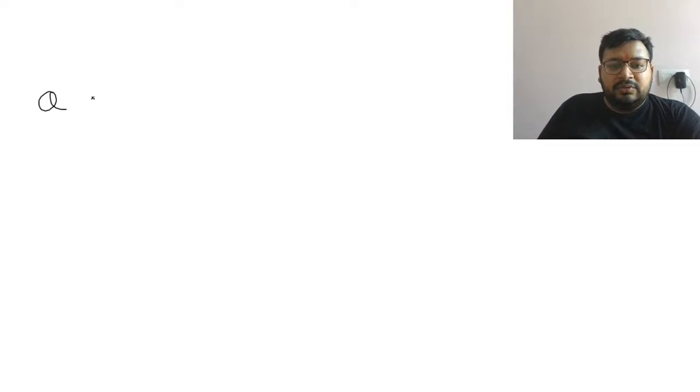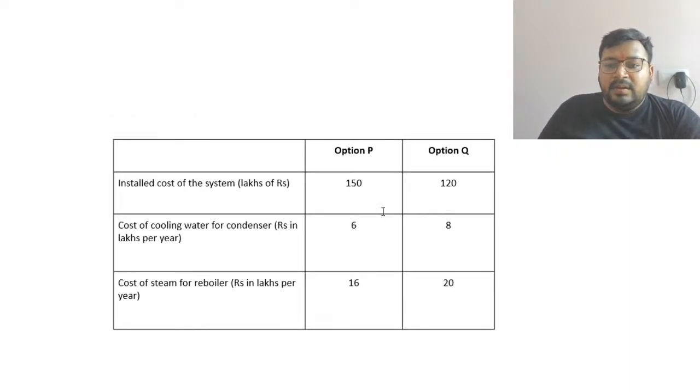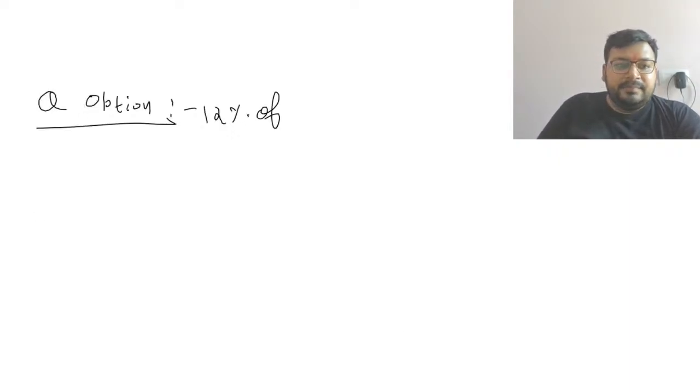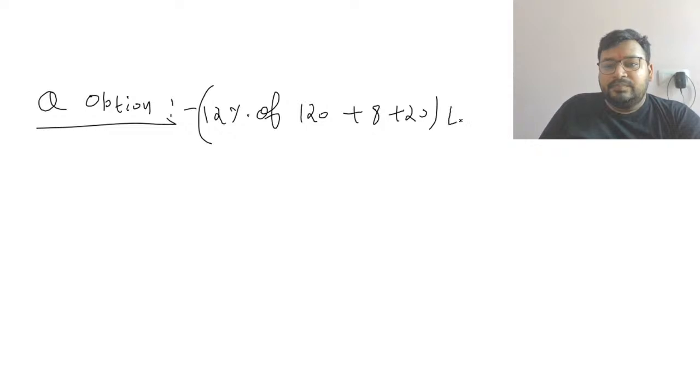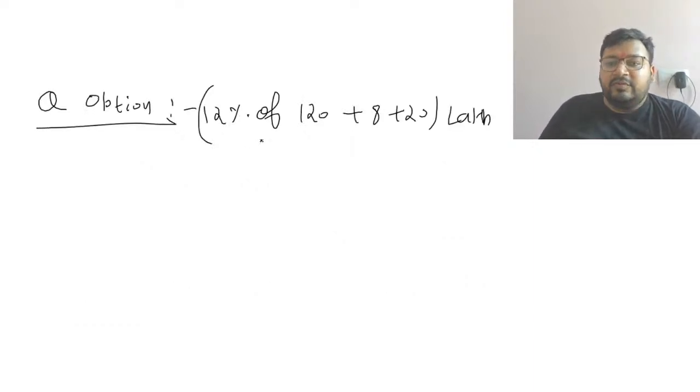Now for option Q, what is the fixed cost? 12% of 120, and then 8 and 20. So like here we applied 12% of 150, here we will apply 12% of 120.